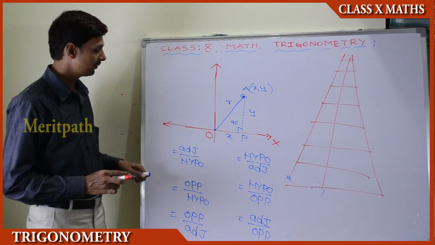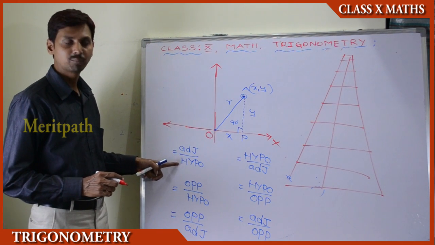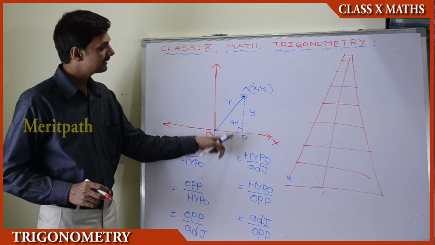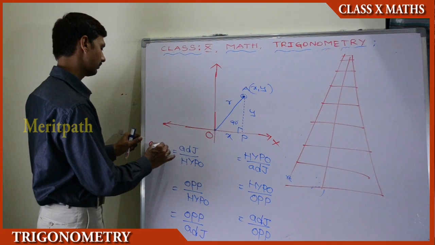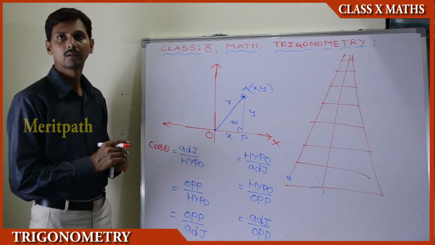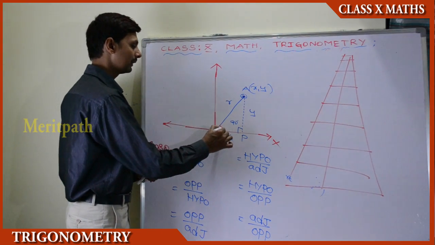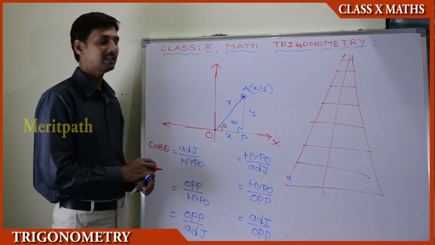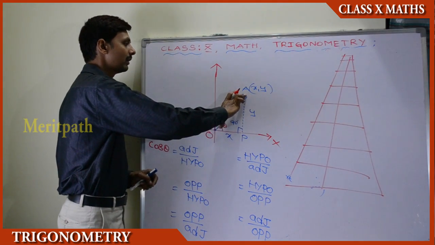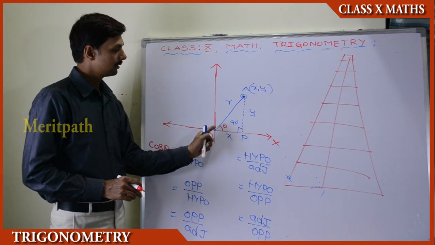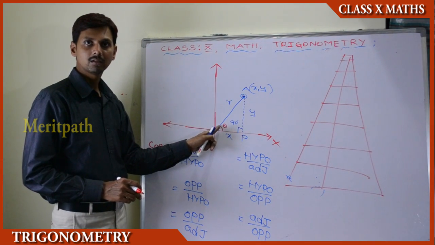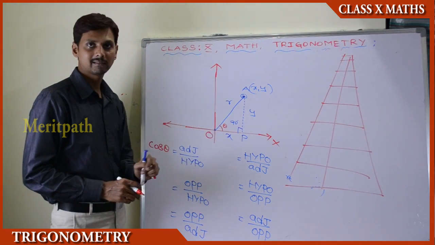The ratio of adjacent side by hypotenuse is called cos theta. The line from the point to the origin makes an angle theta with the x-axis.